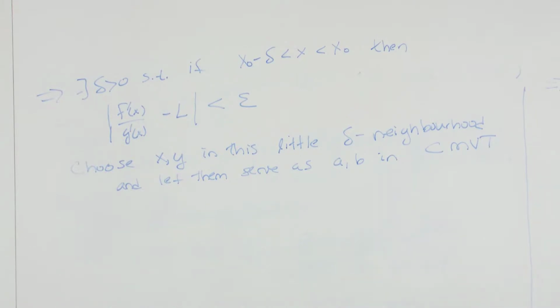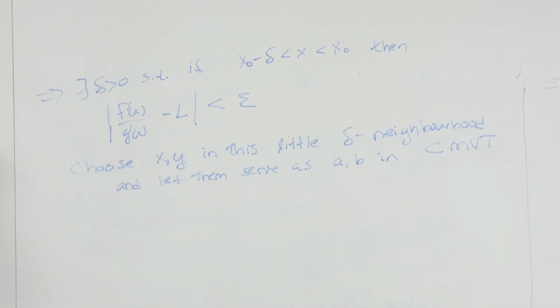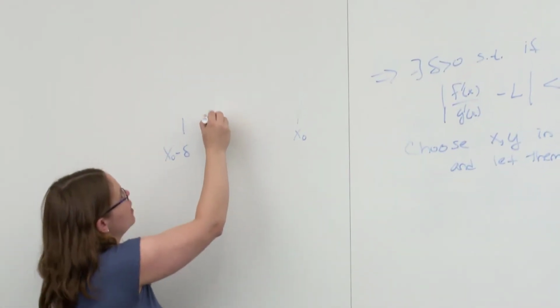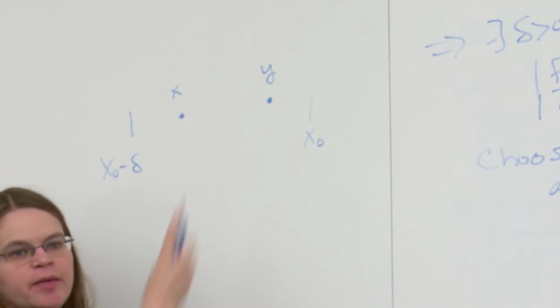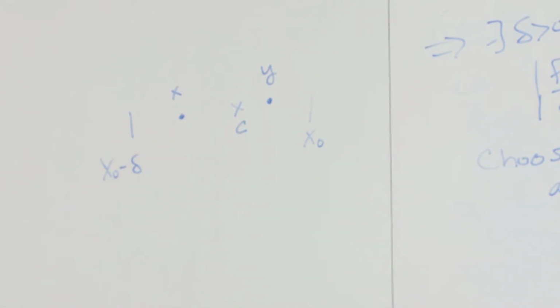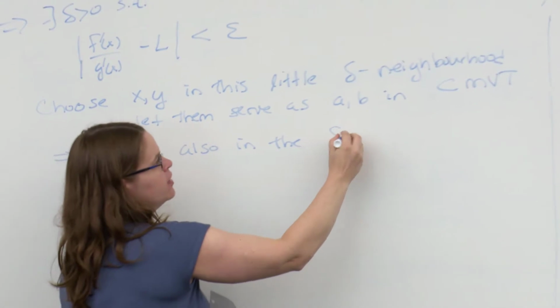Let's just draw a little timeline of what we've got here. There's x naught minus delta. Now I've picked some x and some y in here, wherever they are. My Cauchy mean value theorem says, this is serving as my a and this is serving as my b, there exists some value c in between them. So we know there exists some c, which is also in this delta neighborhood.